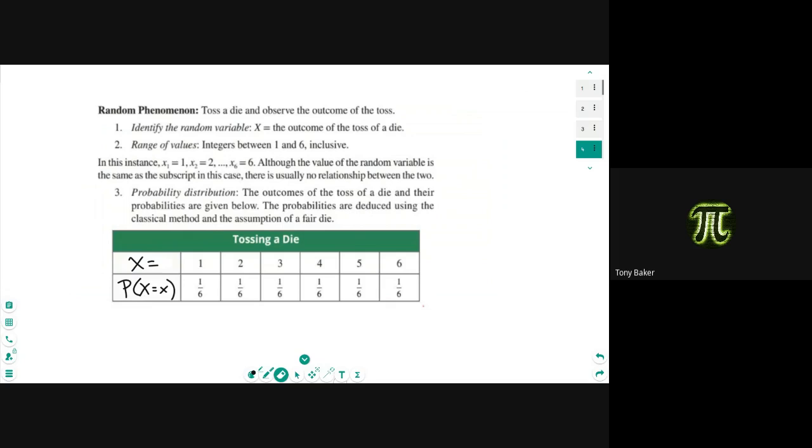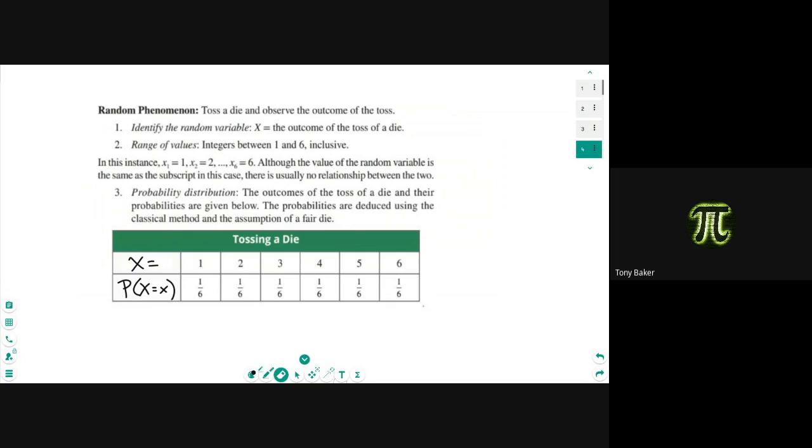Can I get 1.5? No. So it's discrete. Remember, that was really the thing we used between them, right? Can you get a half of it? If you can get a half of it, start thinking maybe continuous. Not always, as we said back when. But in this case, you're going to get 1, 2, 3, 4, 5, or 6. There's only 6 possible outcomes, nothing in between them. So this is a discrete probability.